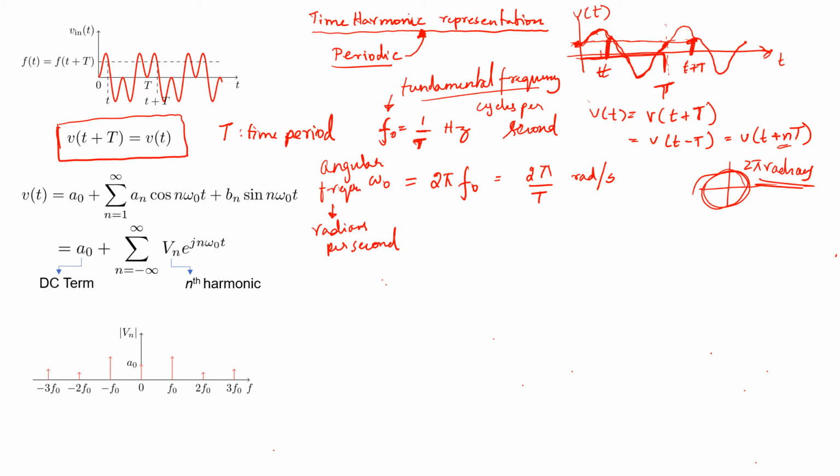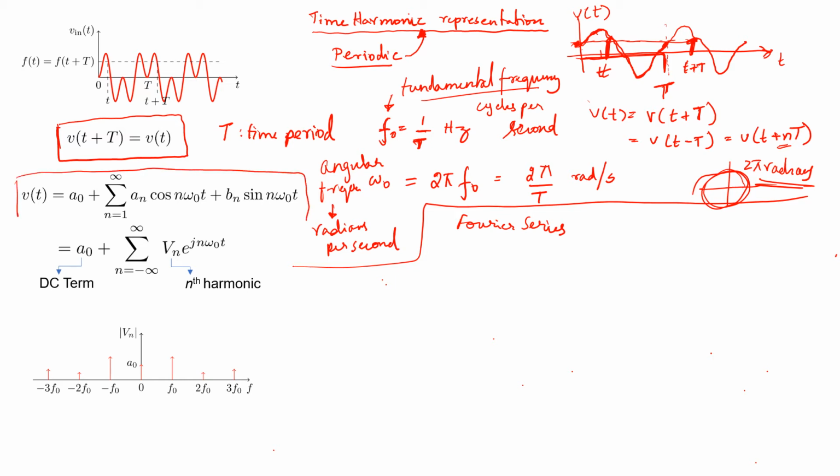So by the so-called Fourier series, we see that such a periodic signal v of t can be written in terms of sine and cosine trigonometric functions as an infinite series having certain coefficients a0, an, and bn, with those coefficients multiplied by the cosine n omega naught t and sine n omega naught t, where n varies from 1 all the way to infinity.